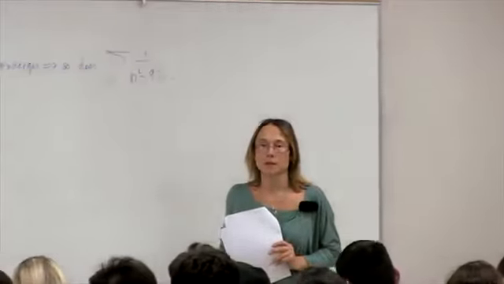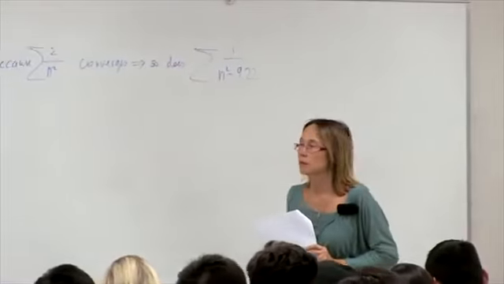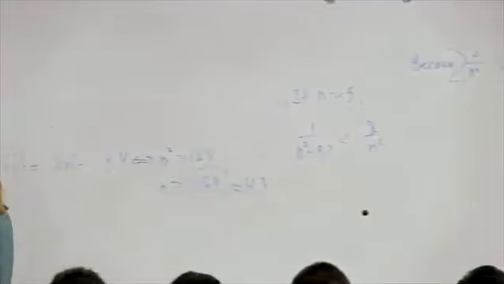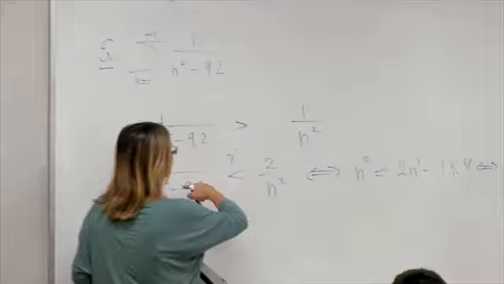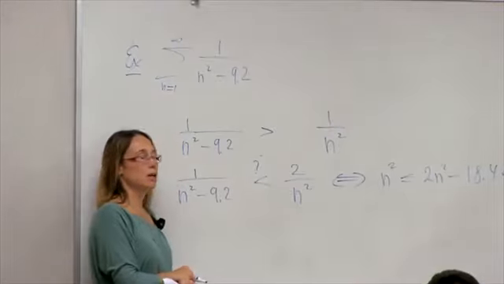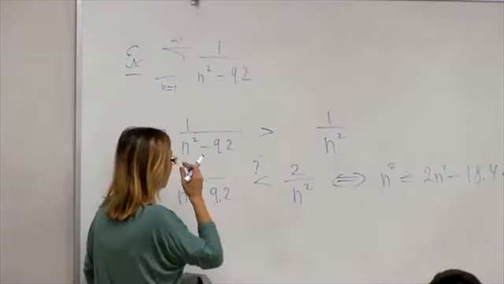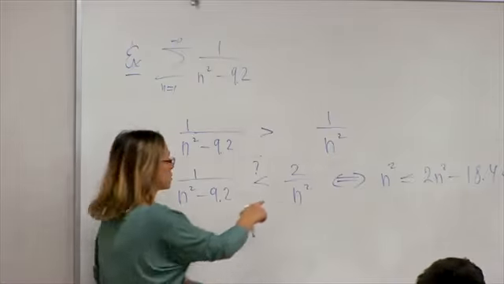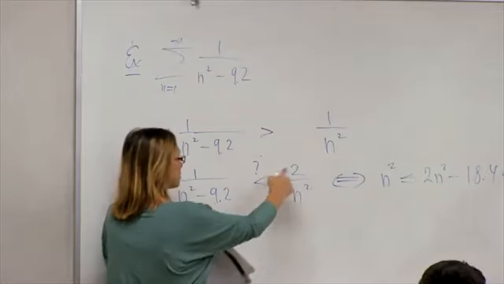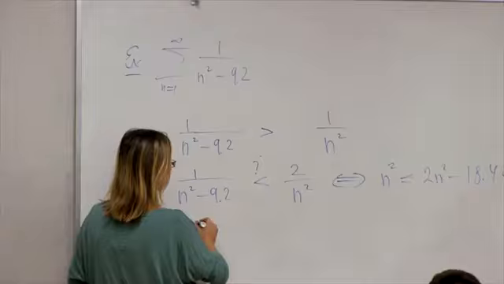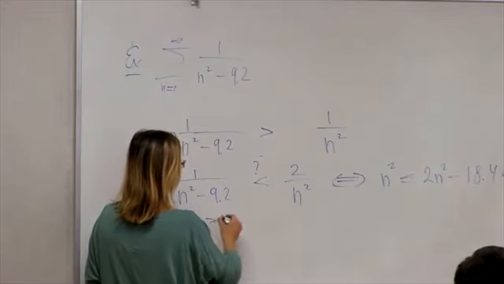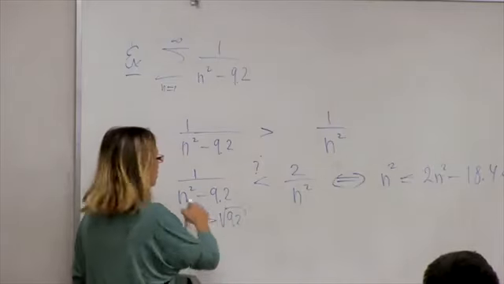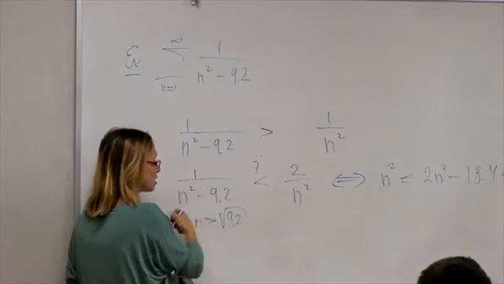Questions? Yeah, can you explain that little step over there? So let's see when this inequality holds. Presumably, when n is large, it's going to hold. So I'm going to multiply across by the denominator. Let's assume that n is greater than the square root of 9.2. I have to assume it here, so the denominator is positive.